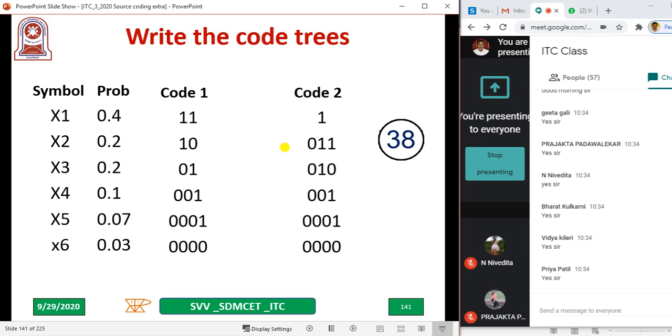I'll show you the code tree also, but you try to write down. I'll give a few more seconds.